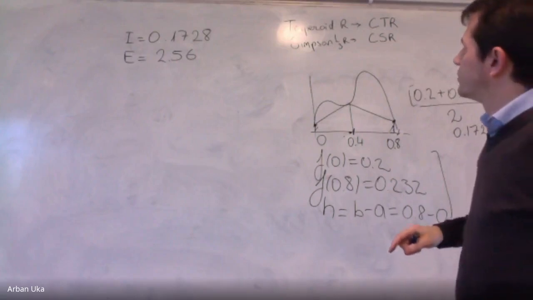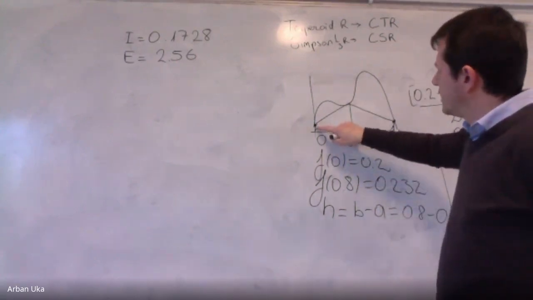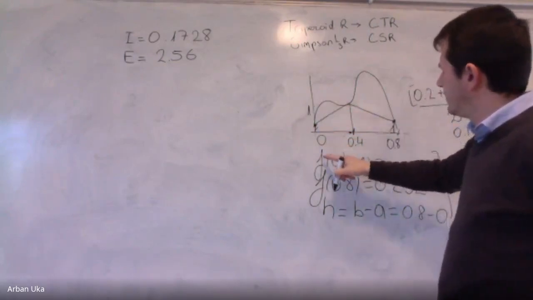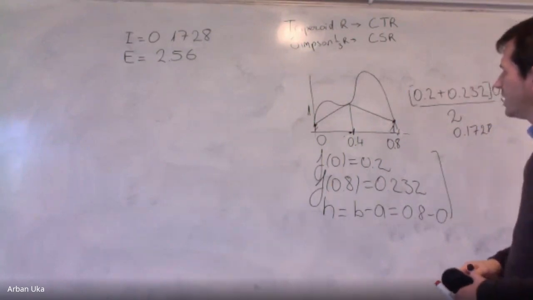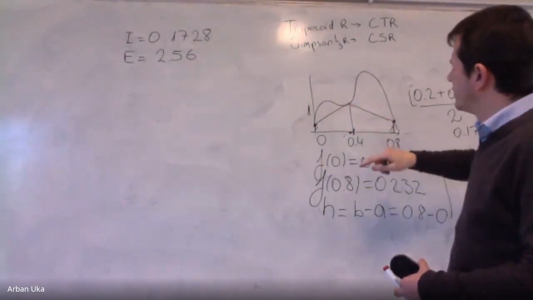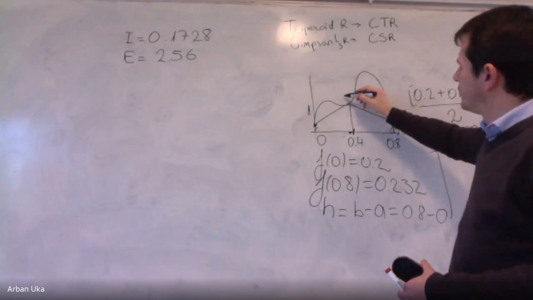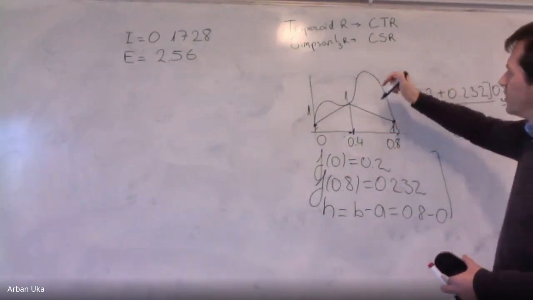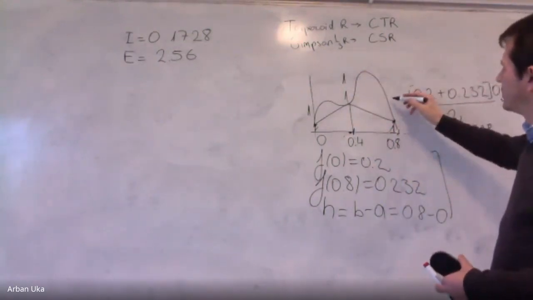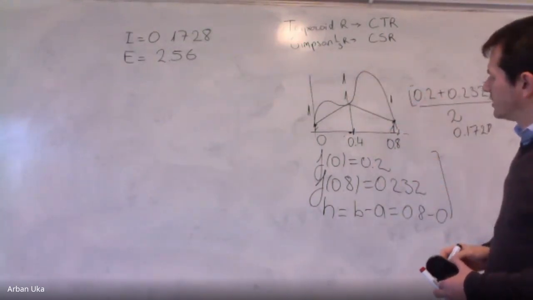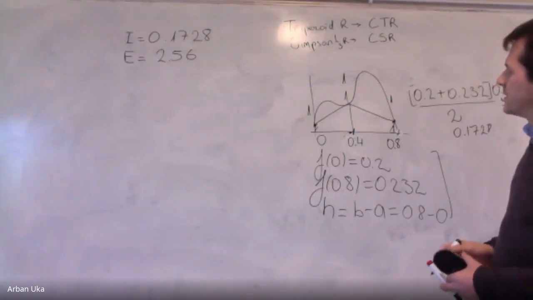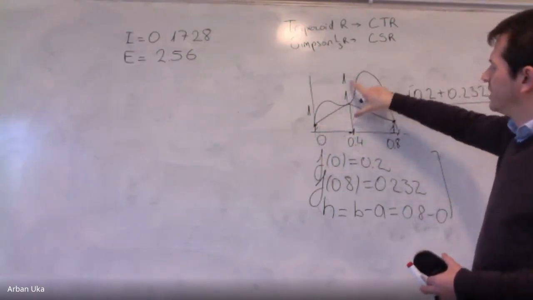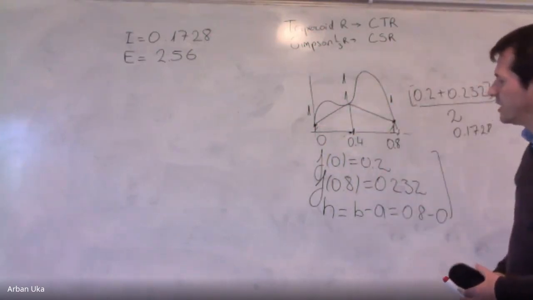What we're going to see here is that the first area is going to be the value of this function evaluated at 0 plus the value evaluated at 0.4. For the other trapezoid, we have the value at 0.4 plus the value at 0.8. So in principle, we have the values of the function at the endpoints one time, plus twice the values in the other regions.